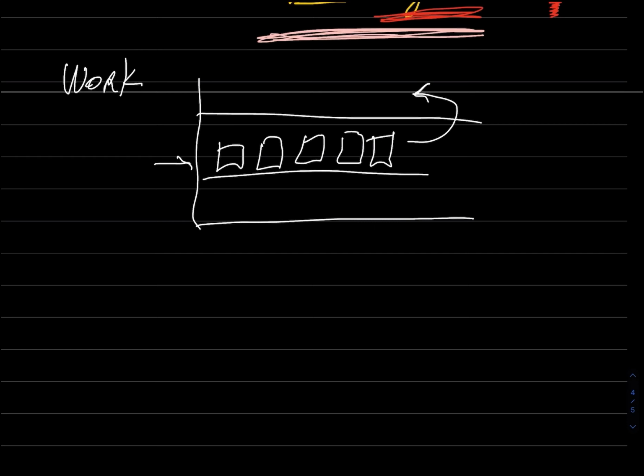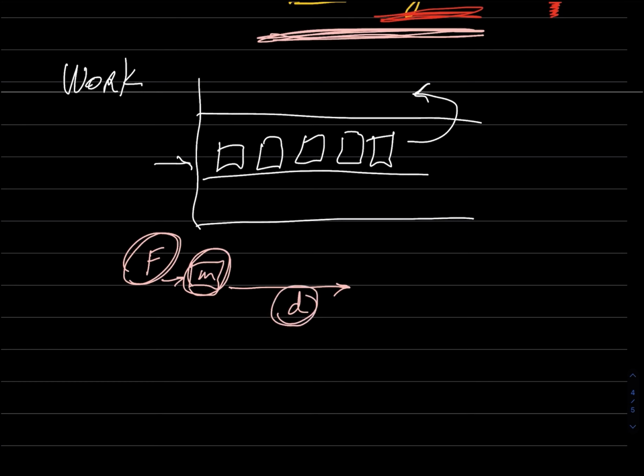Work is the transfer of energy from one object or system to another. The transfer of energy. Work happens when you apply a force to a mass and you move it some distance. You need to have a force applied to a mass and it has to move. The work is the magnitude of the force times the distance that the mass moved.